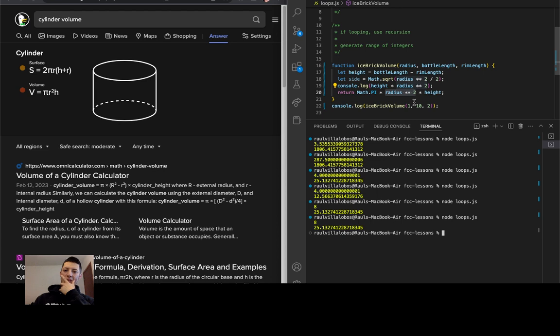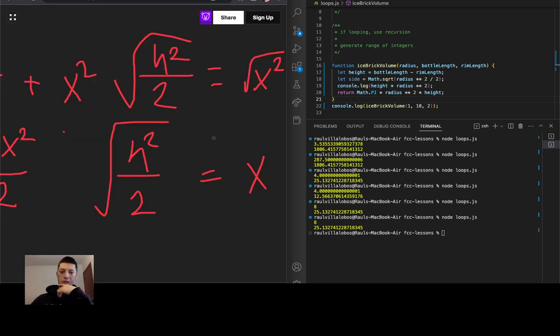If it's square-wise, then it's this way. We have the hypotenuse, but we want to get the sides because it says they're squared.